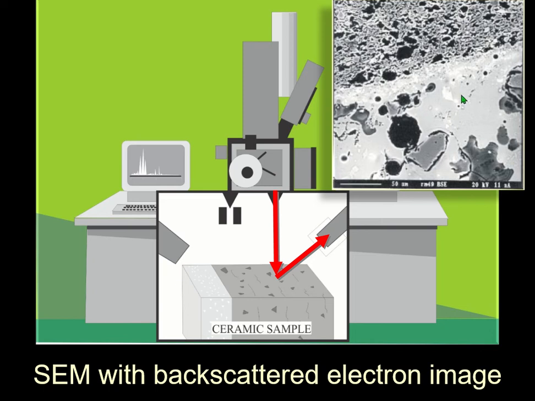The way this works is the backscattering, the intensity of it is based on the atomic number of the element that is being bombarded. And so this, which is tin, is white, whereas darker things, like this may be a feldspar or quartz, is dark. And so that's what we're seeing here.